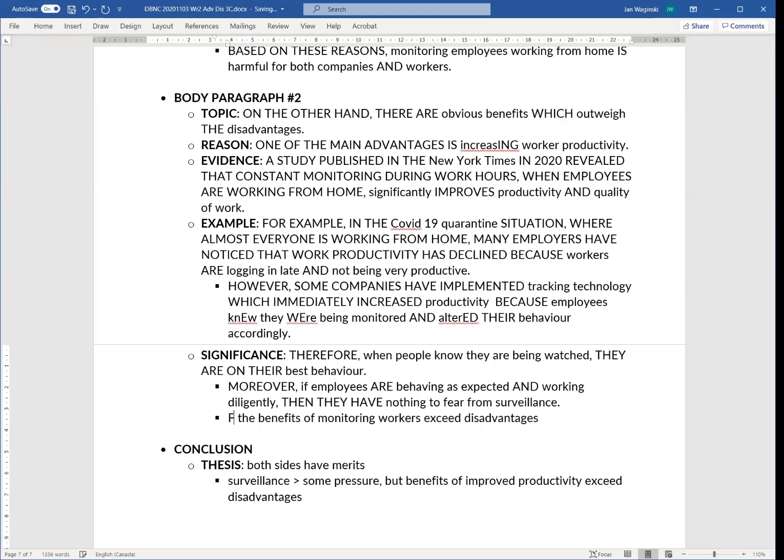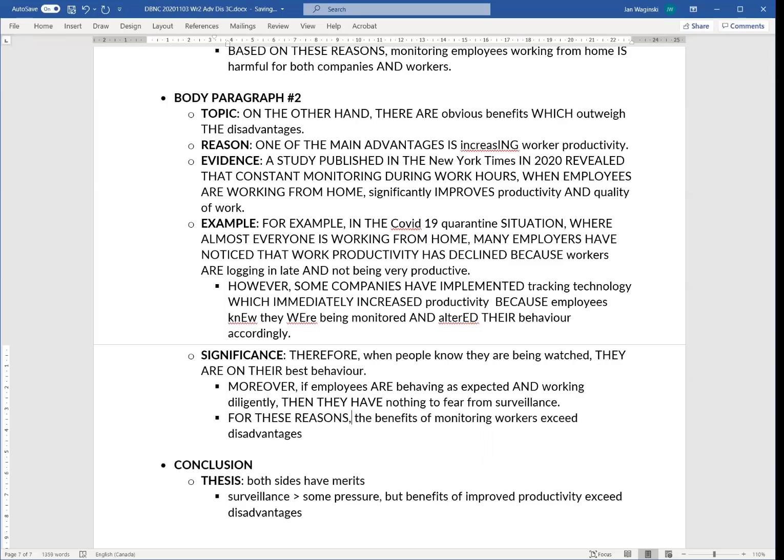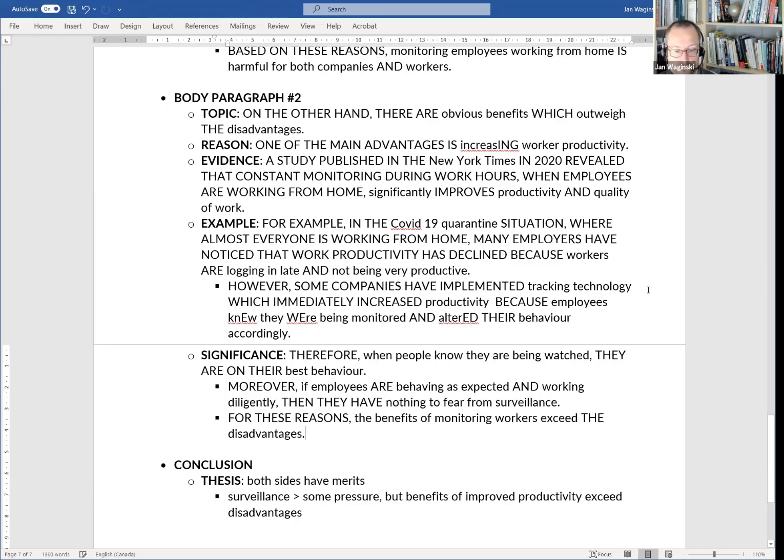For these reasons, the benefit of monitoring workers exceeds disadvantages. Benefits exceed, not benefits exceeds. The benefits of monitoring workers exceed the disadvantages. Good.